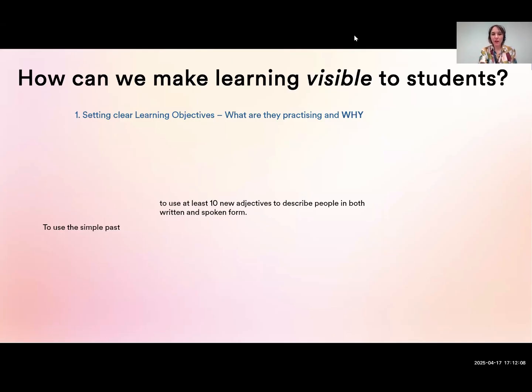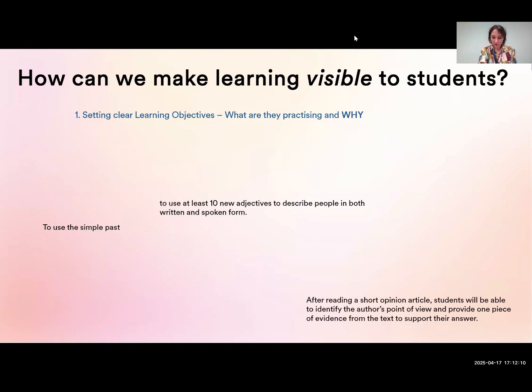Okay, next one. After reading a short opinion article, students will be able to identify the author's point of view and provide one piece of evidence from the text to support their answer. What do you think?